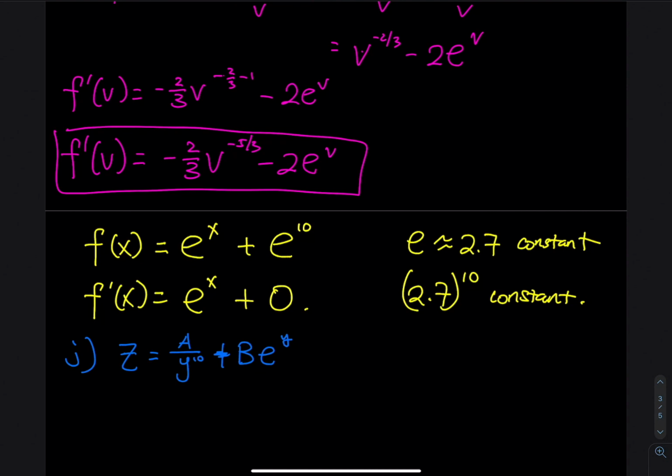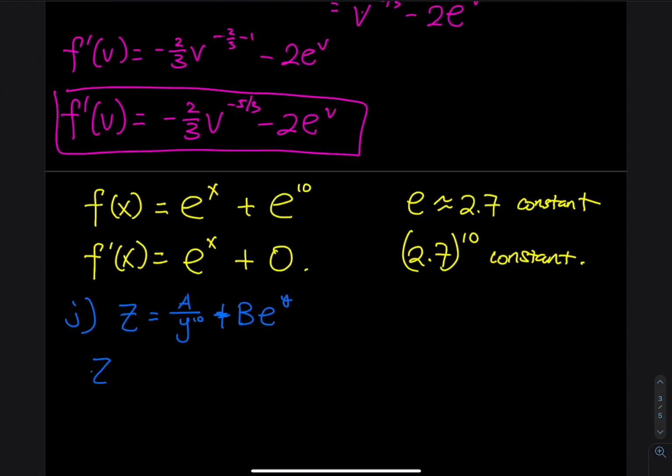We can argue, right? Is a a variable, or b a variable, or y a variable? But if you write z of y, then there is nothing to argue. Then we clearly know that y is a variable. So that is a times y to the negative 10, plus b e raised to the y.